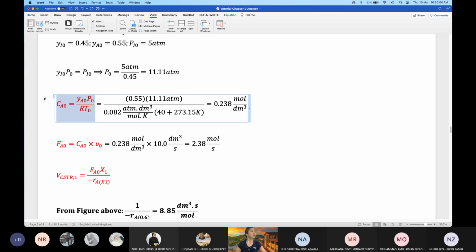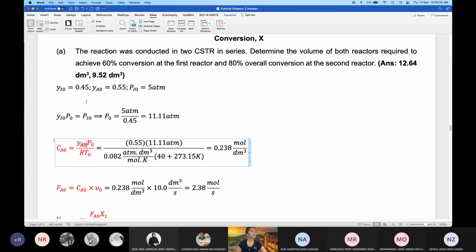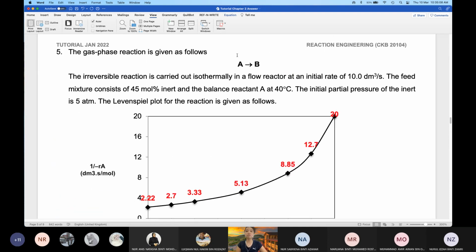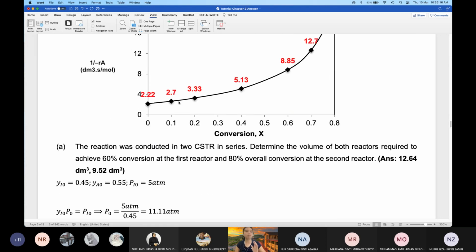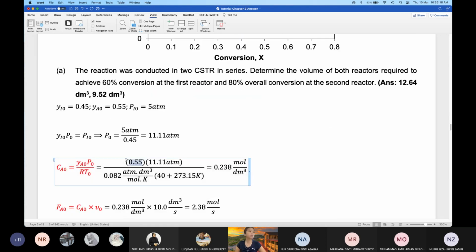So soalan ni, they do give us YA0, sebab dia kata 45 mole percent inert, remainder A. So YA0 0.55. Okay, done. Mole fraction for A is 55%, 0.55.